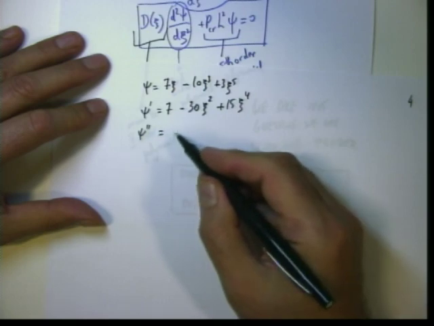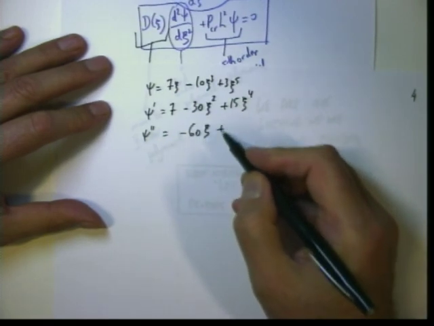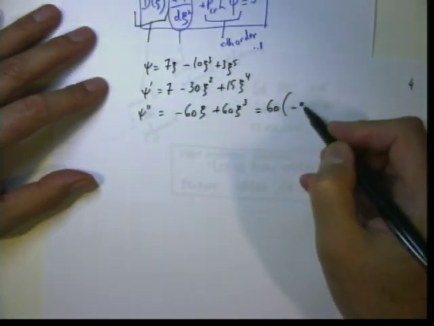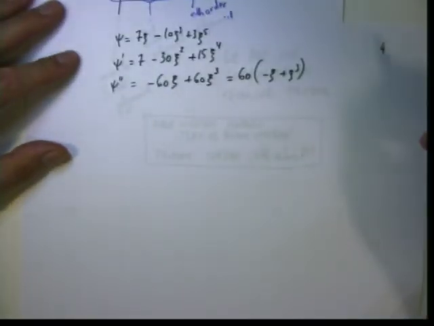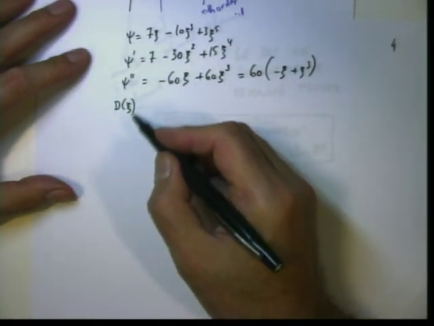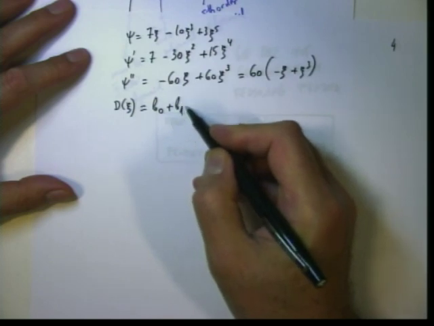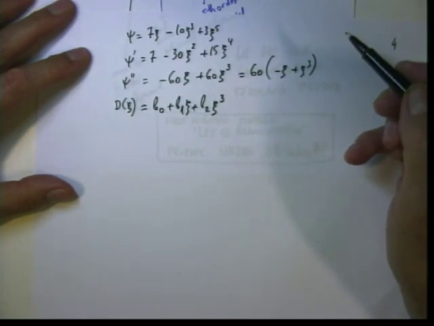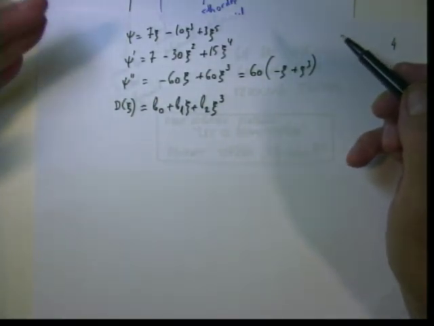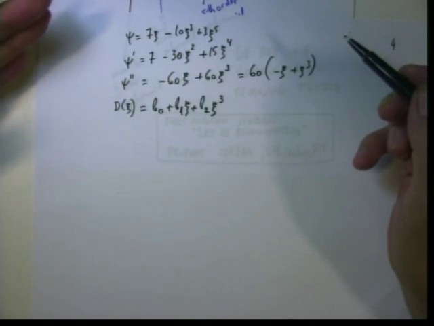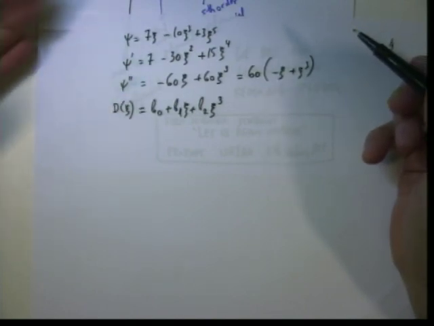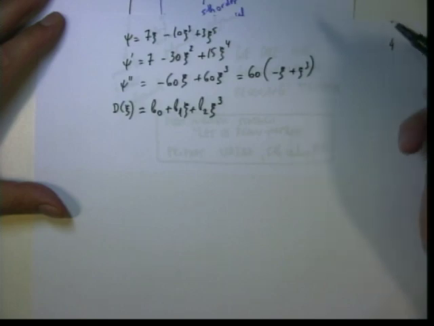Phi second derivative equals minus 60 psi plus 60 psi cubed, or just 60 times minus psi plus psi cubed.